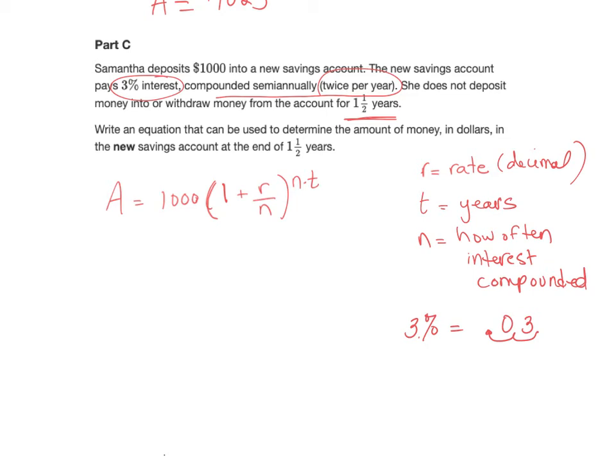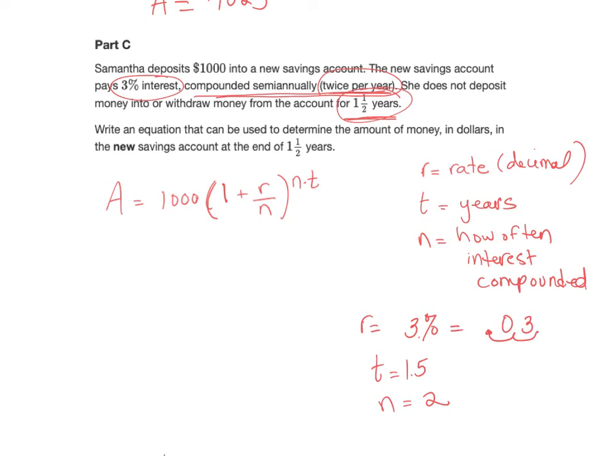Now, t is in years, in this case it said it's 1.5 years. So that's actually going to be 1.5. And then n represented how often the interest is compounded. Now that told us it was twice a year. So n will equal 2. So now we have to write the equation.